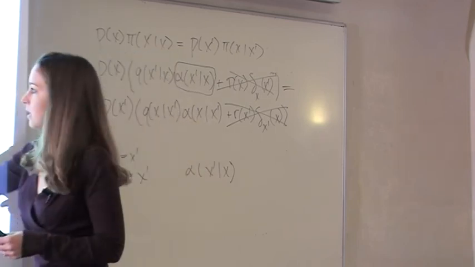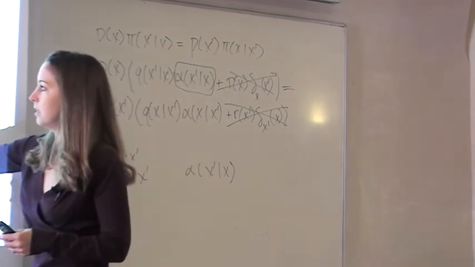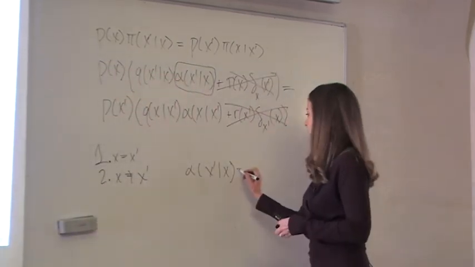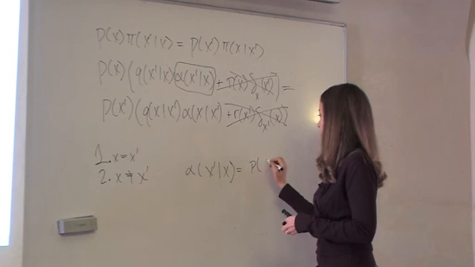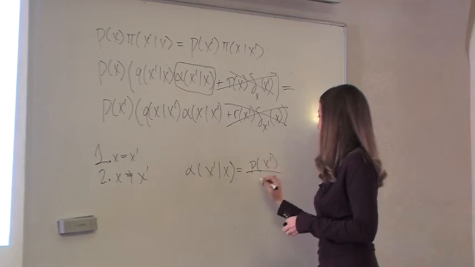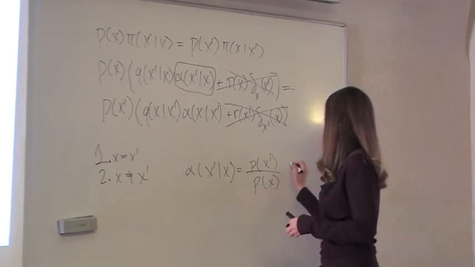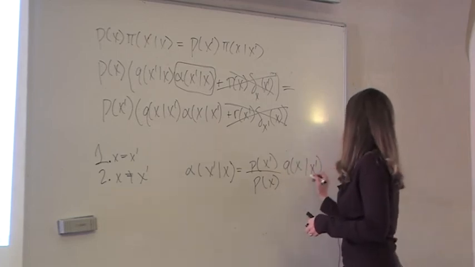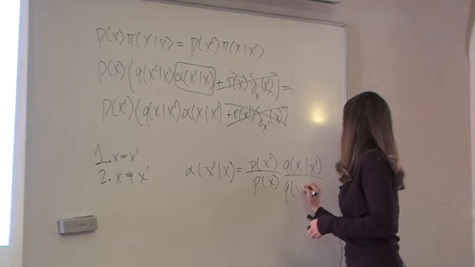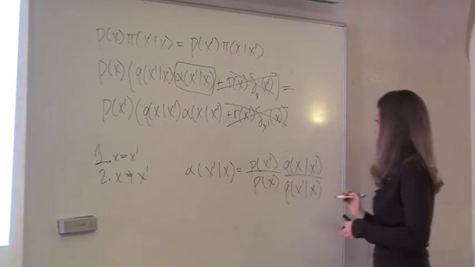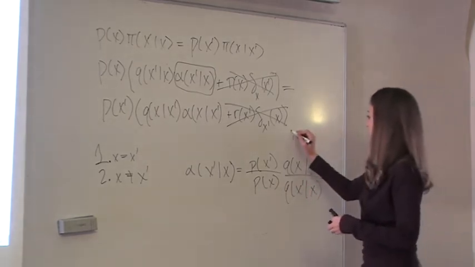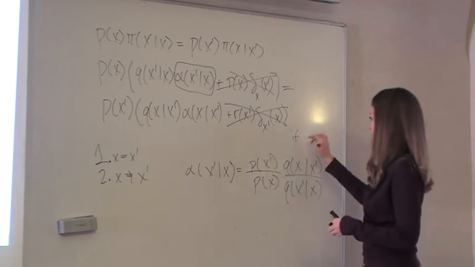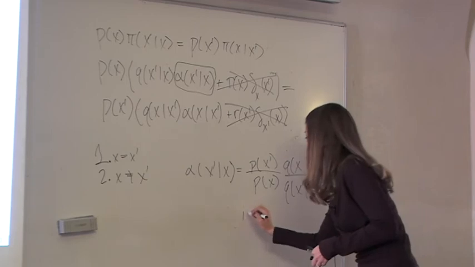So it will be equal to this if this thing is less than 1. So this will be equal to p of x prime over p of x, times q of x given x prime over q of x prime given x, if this is less than 1.